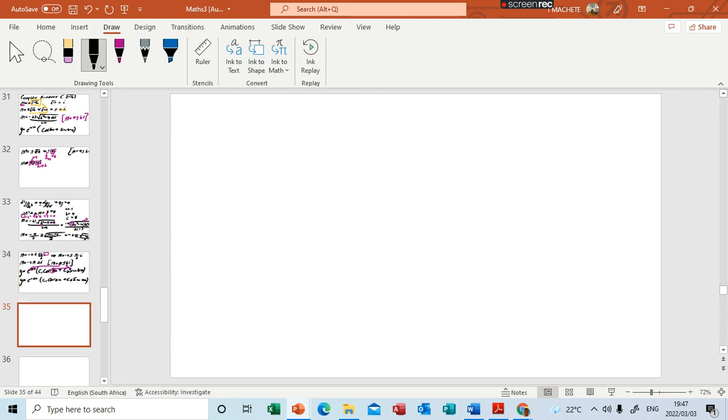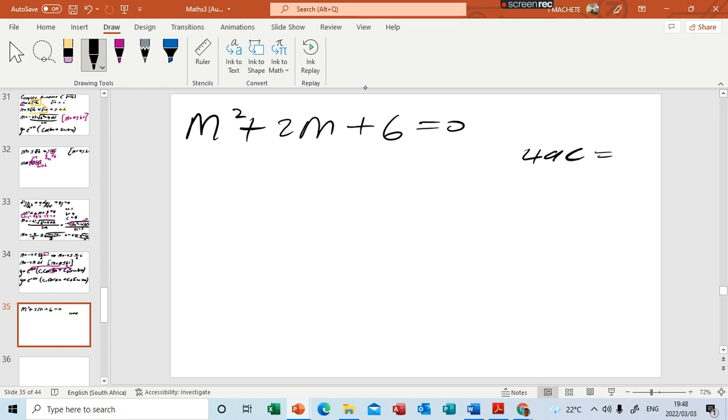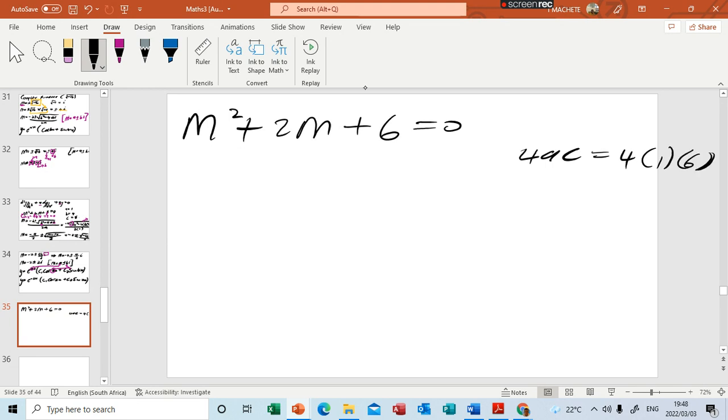So another example, guys. You can just come up with an equation. You say m squared plus 2m plus, obviously, if you put 6 here, equals to 0. This is how you check that it's a quadratic equation. For AC, if you take your A, you put 1 there, and then your C, it's 6.